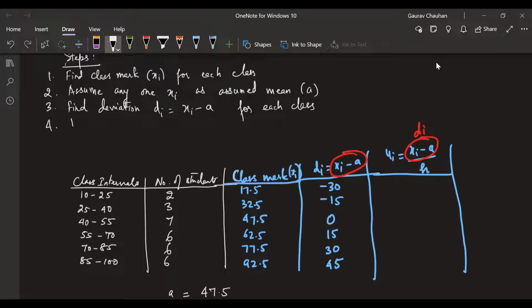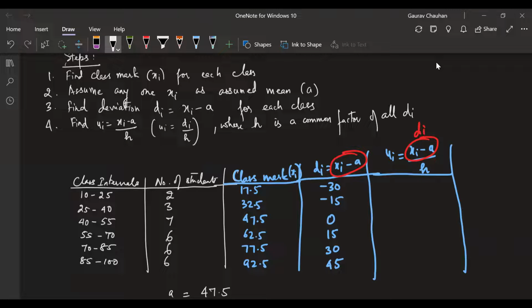Here you have an additional step: find ui equal to (xi minus a) by h, that is basically ui equal to di by h, where h is a common factor of all di. In brackets you usually write class size.